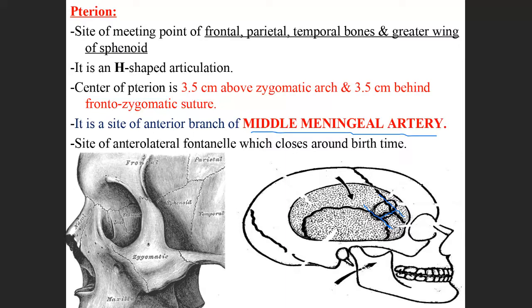The middle meningeal artery passes behind this area, and it is the site of the anterolateral fontanelle, which closes around birth. And this area is very thin, as already explained in the video. You can see the same thing in the video. This area is very thin, and what structure passes behind this? The middle meningeal artery.